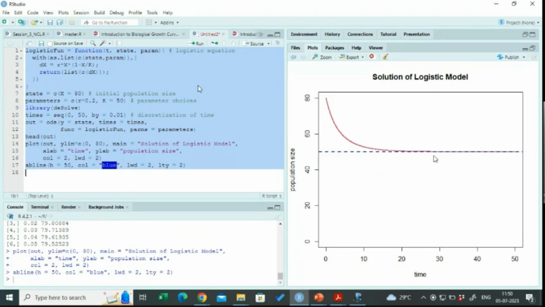Those coming from a mathematical biology background know that the parameter k is called the carrying capacity, and it is the stable equilibrium. What it says is that as time passes, the population eventually settles down at the carrying capacity k.